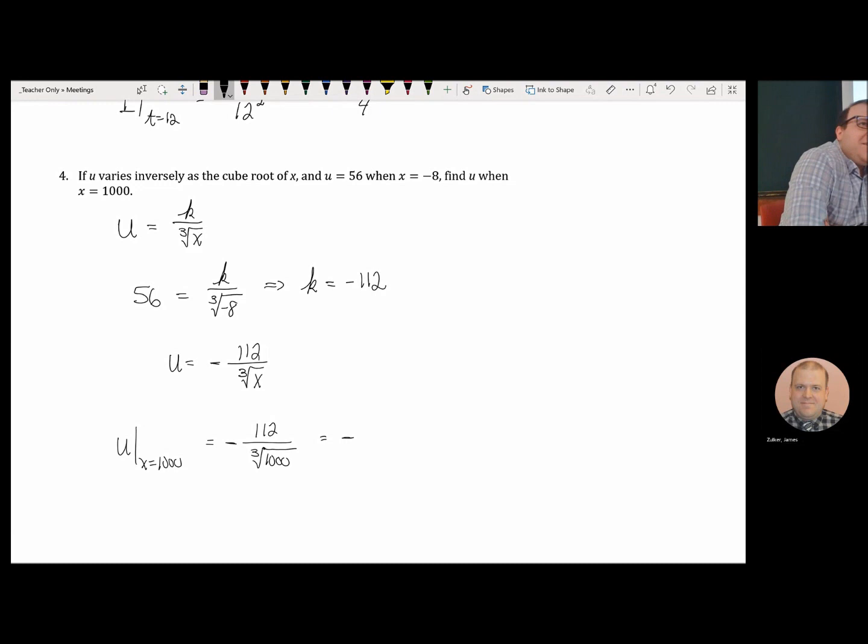That's not good. 1,000 is 10 cubed. So we get negative 112 over 10, which can simplify to negative 56 over 5, or negative 11.2.